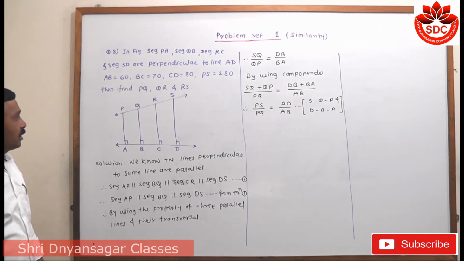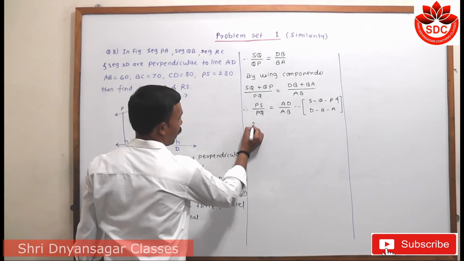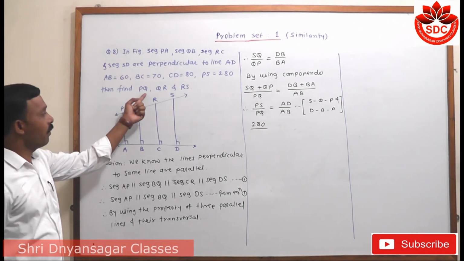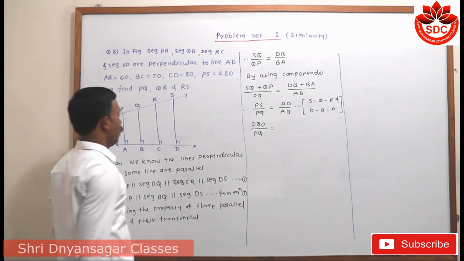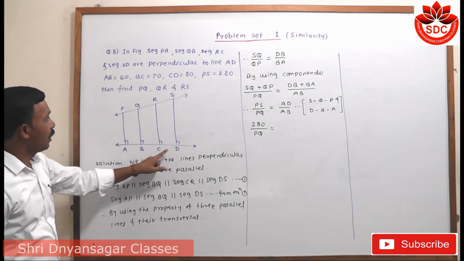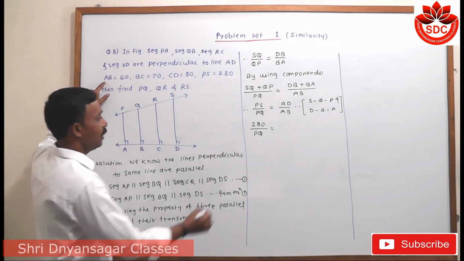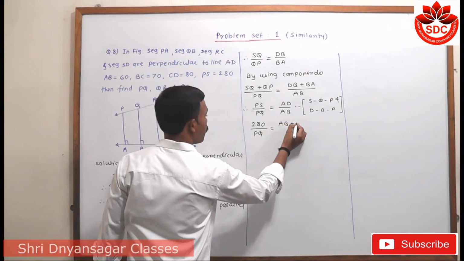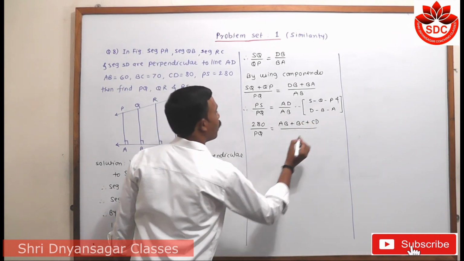Then substitute the value: the value of PS, which is given here as 280, upon the value of PQ, which we have to find, is equal to the value of AD, which we write as AB plus BC plus CD, upon AB.